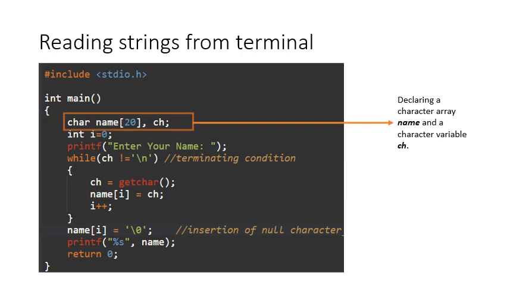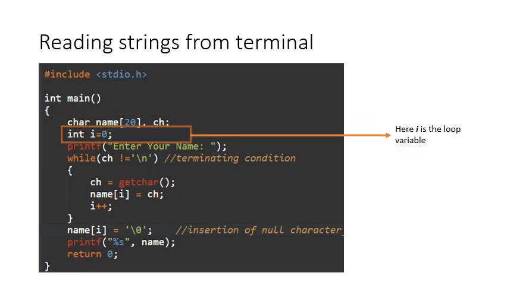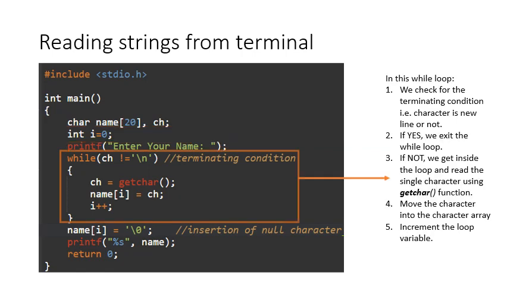This is declaring a character array name and a character variable ch. Second, here i is the loop variable. This is the main part of your program where the complete logic is. In this while loop, we check the terminating condition, that is, whether the character is a new line or not.